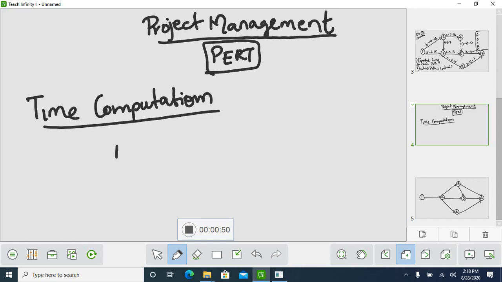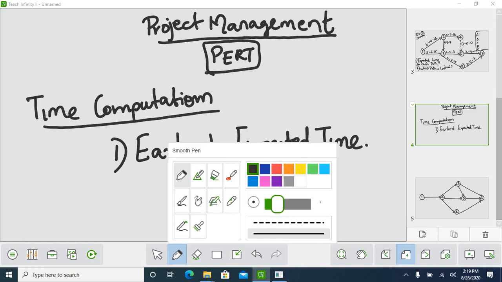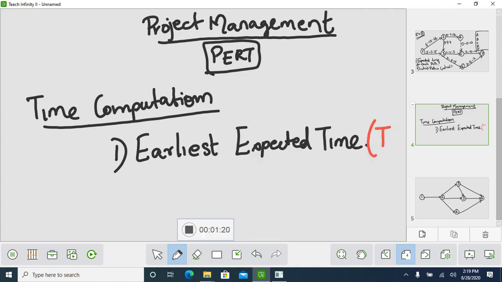The first is earliest expected time, denoted by TE.